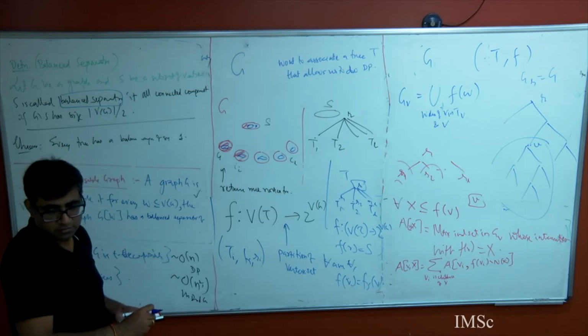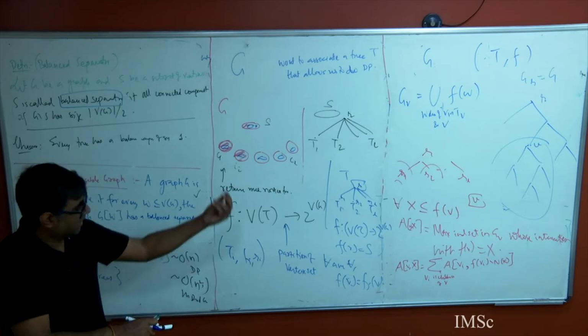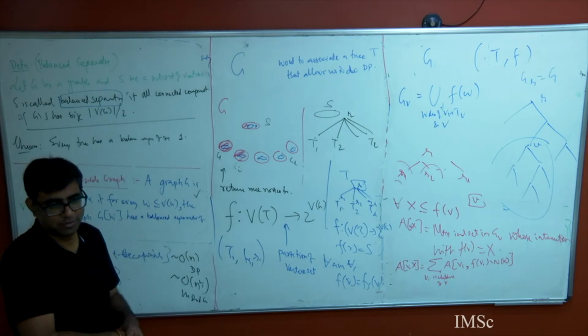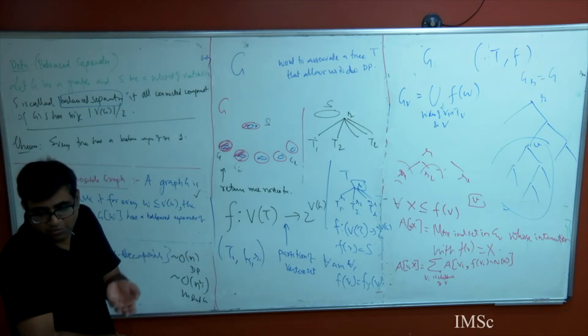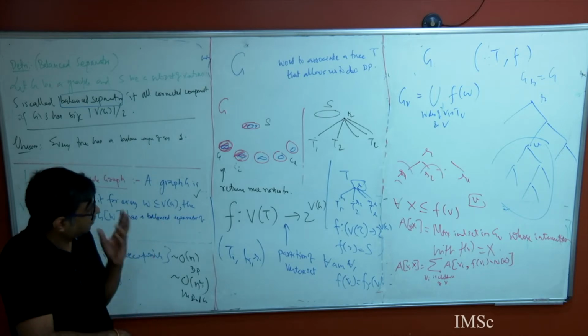Can I add like this? Inside? No, we will assume that x is an independent set, otherwise you just say no. If x itself is not an independent set, you cannot, so I can just put 0, or infinity or something. What's wrong here?